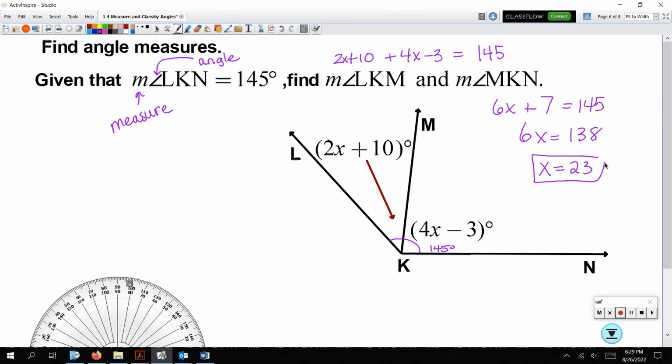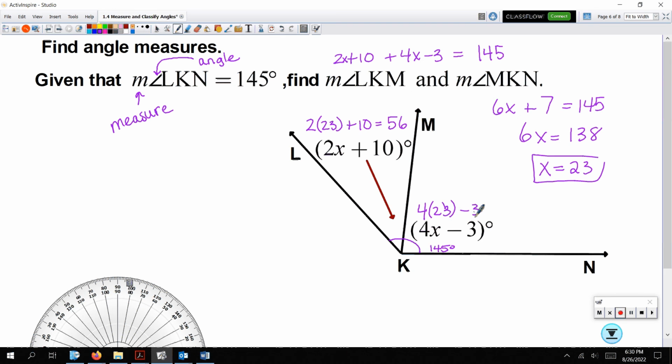Just like we did before with segment addition, we're going to do now with angle addition: plug it in. So 2 times 23 plus 10, what does that give us? 56. And then we do 4 times 23 minus 3.